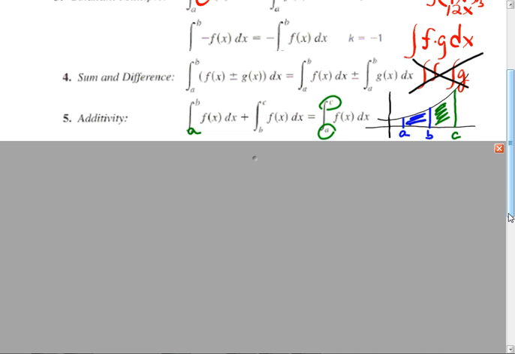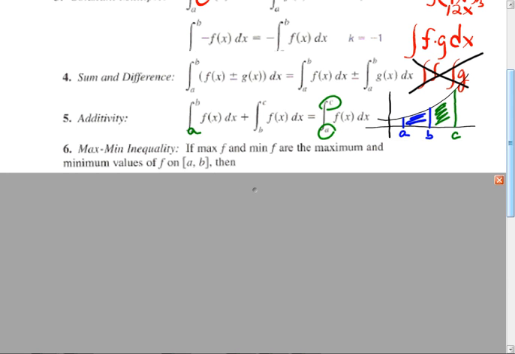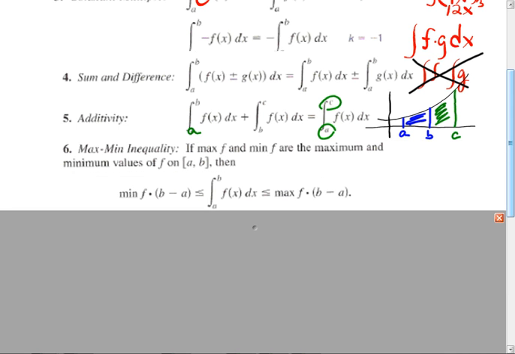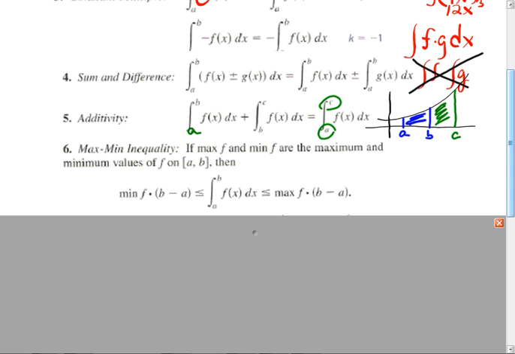Okay, the next one. Let me turn your page. That's the max-min inequality, and that looks really weird. So I'm going to go ahead and draw a picture of this. I don't have enough room.